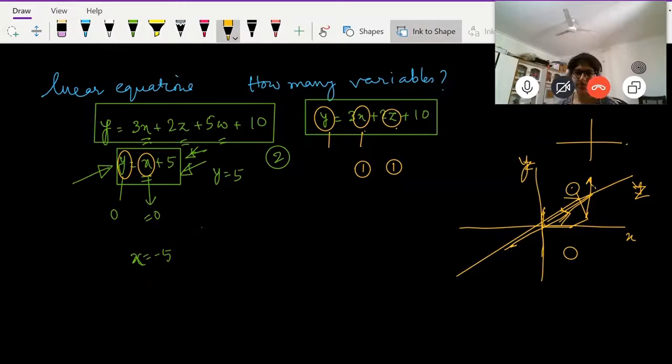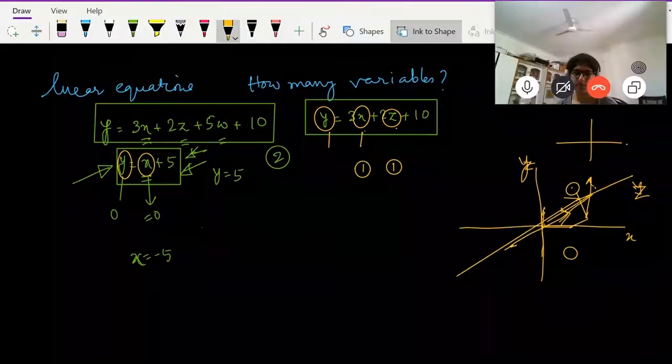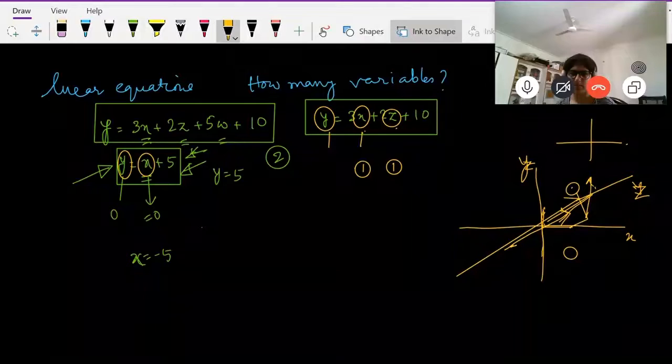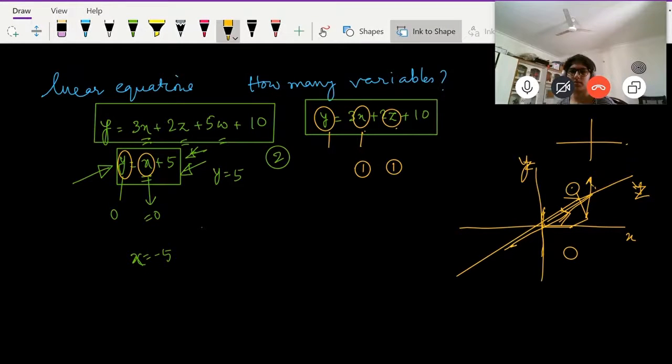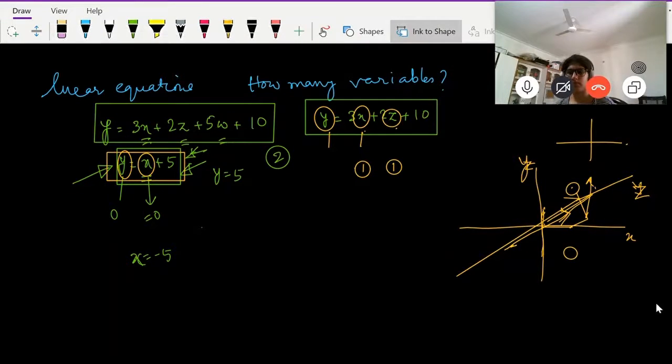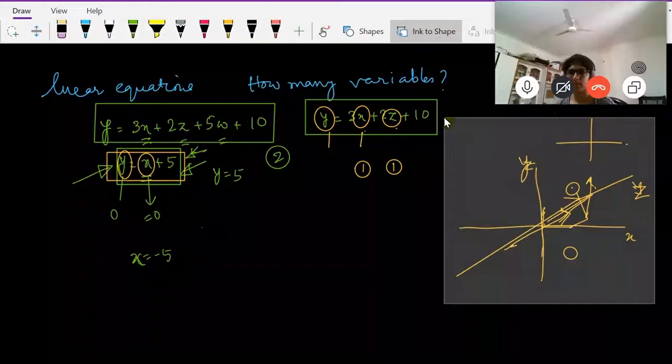Just wanted to make you understand that a linear equation doesn't necessarily mean that it will be a straight line. It can be a plane or any form of higher dimension spaces as well. But in the simplest form, it is a straight line. Okay, and we will mostly talk about straight lines.